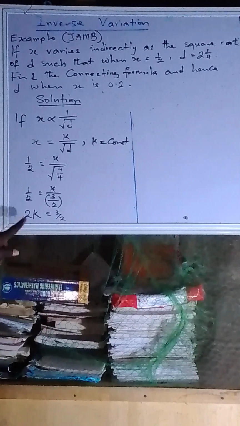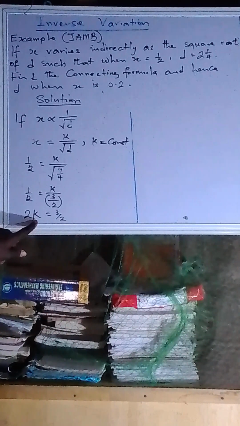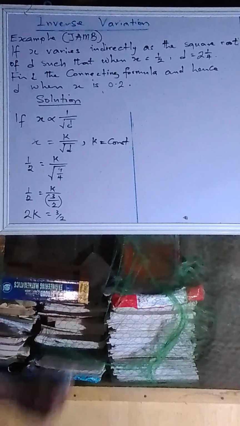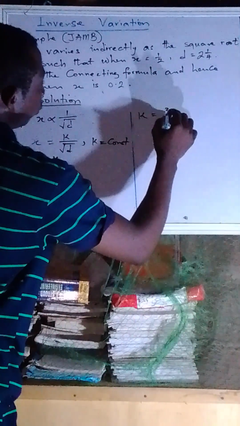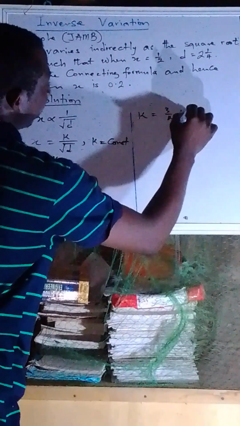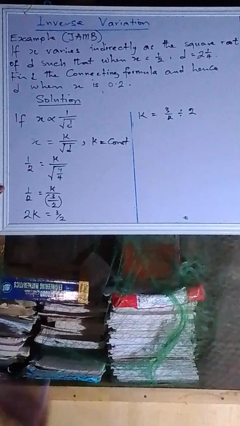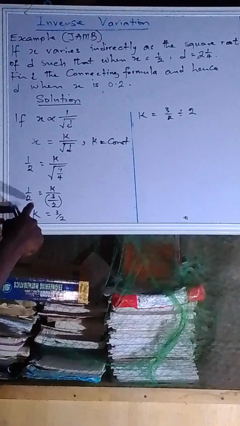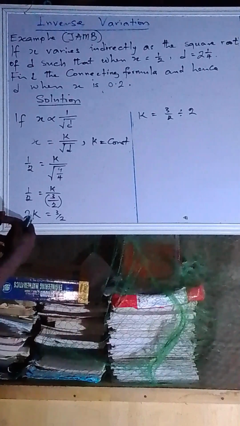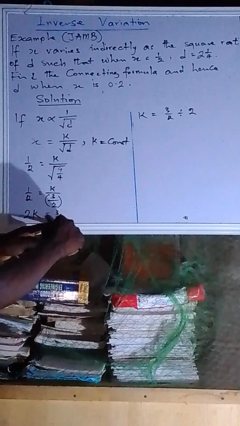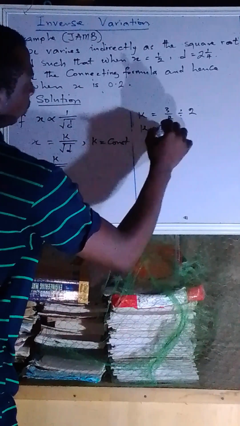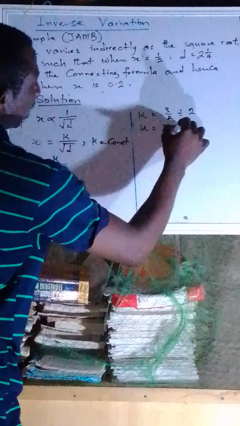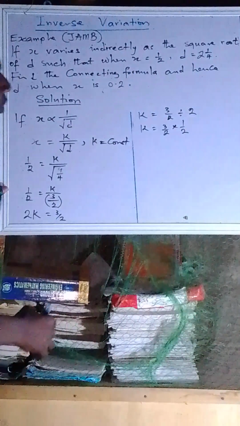Now, from here, I'm looking for k. I will divide both sides by 2, which is the coefficient of k. So k will now be 3 over 2 divided by 2. Once I divide this by 2, it will cancel these 2. That turns to 3 over 2 times 1 over 2.